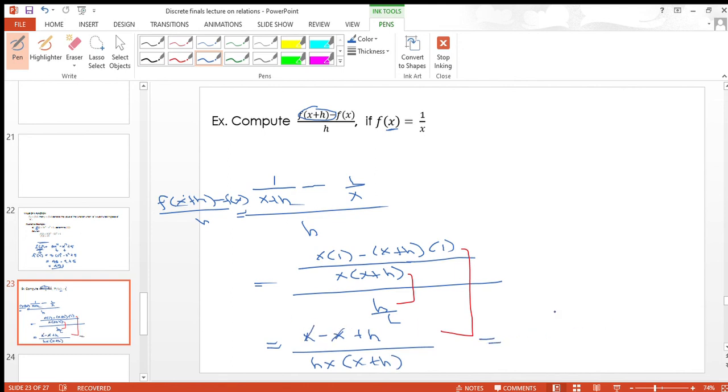So the final result will now be h all over h times x multiplied by x plus h. And then h and h will cancel out. Therefore, our final answer is just 1 all over x times x plus h.